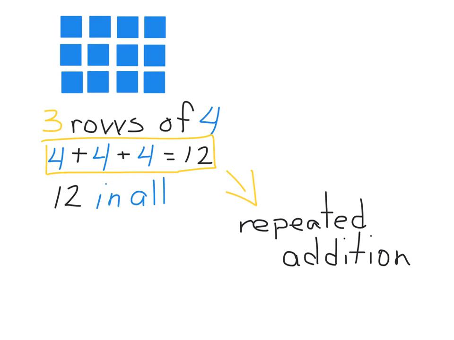Let's take a look at another array. So let's look at this array of red circles. This is an array because the objects are arranged in rows and columns. So how can we describe this array?